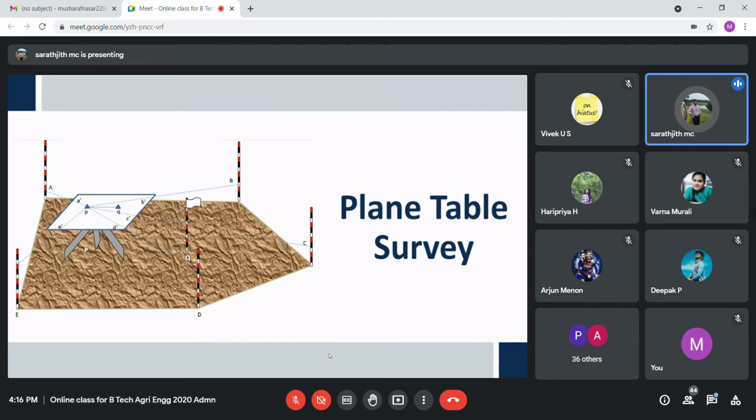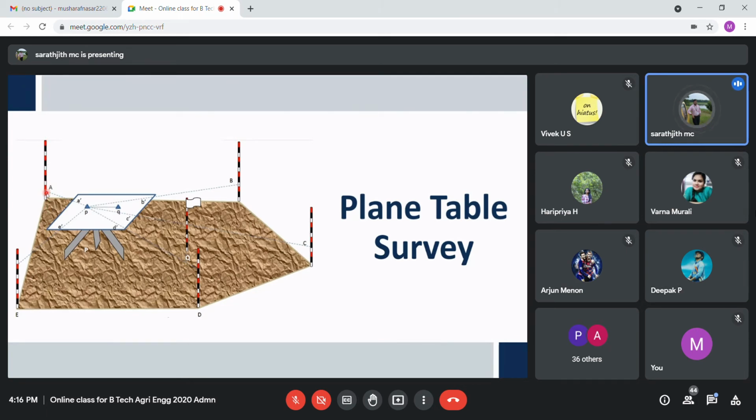All the bars shown in the picture are the ranging rods which have been kept at the points of your interest, for example point A. You can see, this is point A on the ground, at which you have placed a ranging rod.